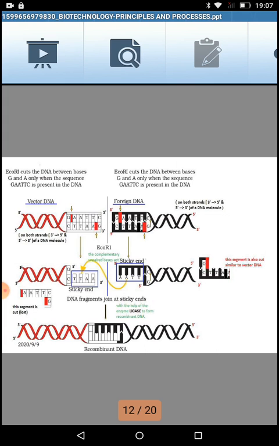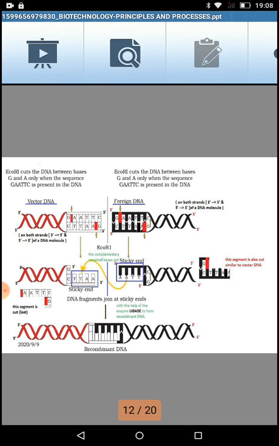Each restriction enzyme has its own specific recognition site, and that site is called a palindromic sequence. What is a palindromic sequence? We know that DNA is a double helical structure. So if it has a particular series of nitrogenous bases at the top, just opposite to that the complementary should be present.